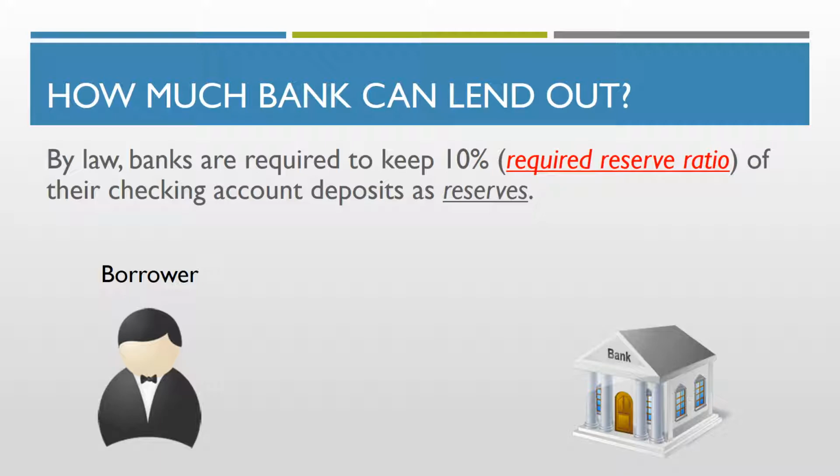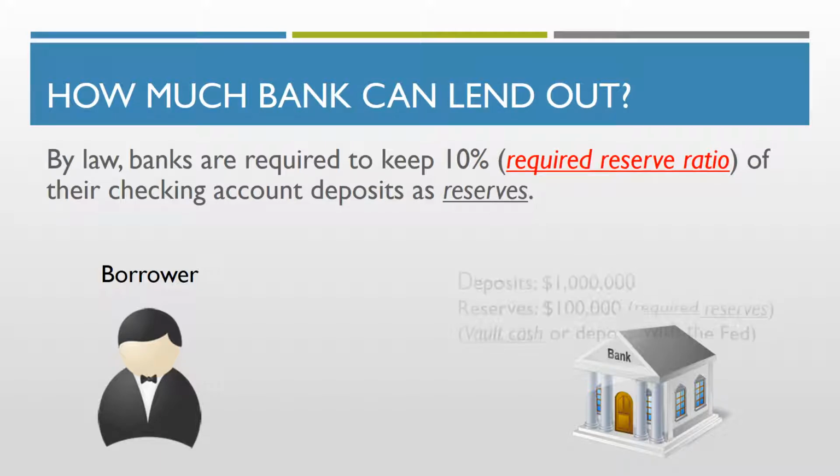That means banks will usually only lend out a fraction of the total deposit liabilities. By law, banks are required to keep at least 10%, called the required reserve ratio, of their checking account deposits as reserves. This required reserve ratio is set by the Federal Reserve, the central bank of the United States.